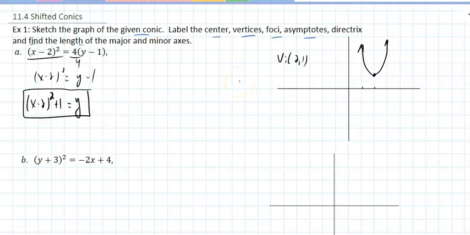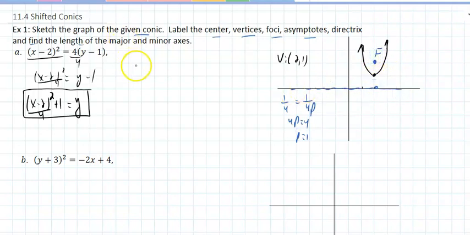Now, oops, I forgot the 4. Okay. Now, if I take 1 over 4 and set it equal to 1 over 4p, cross multiply, p equals 1. 1 unit above will be the focus, and 1 unit below will be the directrix.